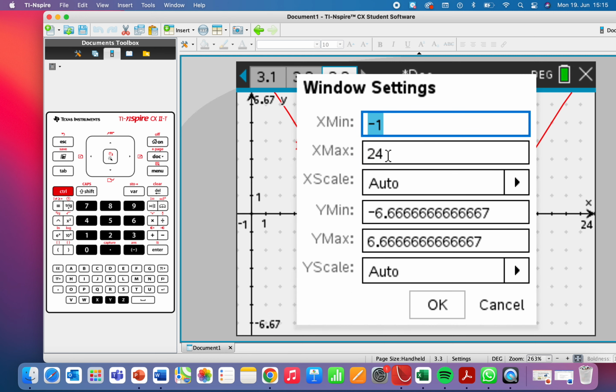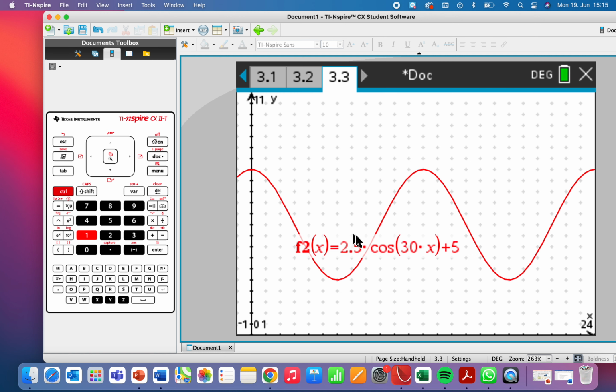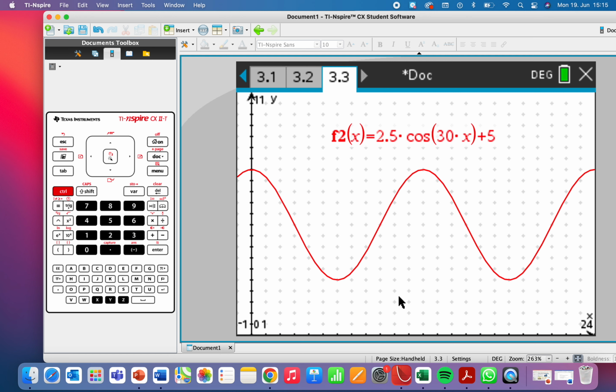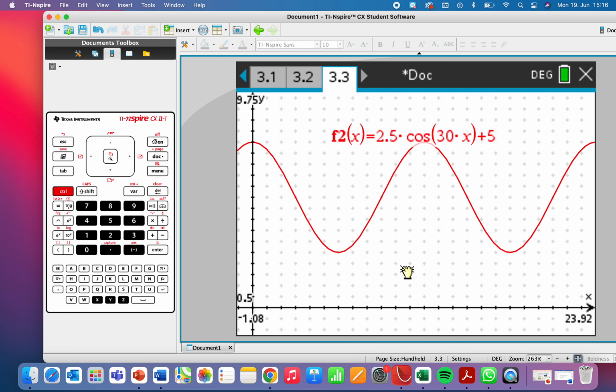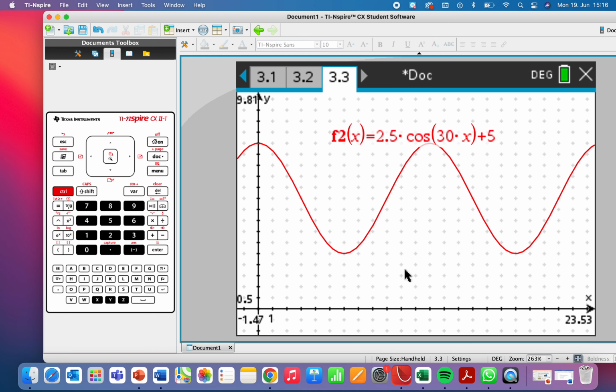So I'm going to go -1 to 24 hours, and from 0 up to 11. And that's quite nice, right? We've got all the graph on there. If you click in blank space, a little hand should appear, and you can move the axes around just a little bit. That might help you. So we've got the graph.